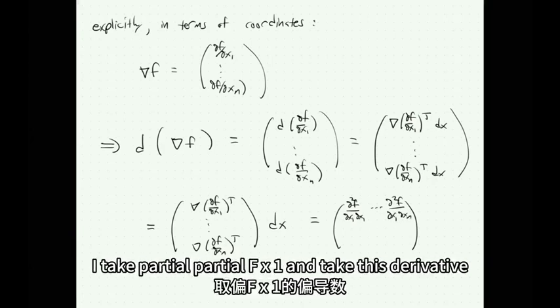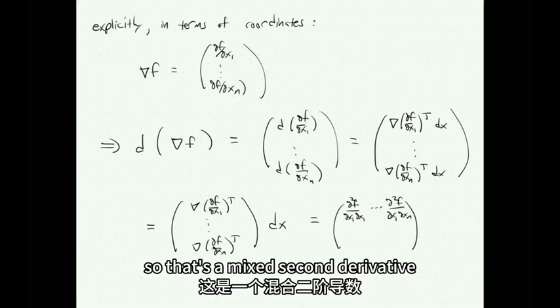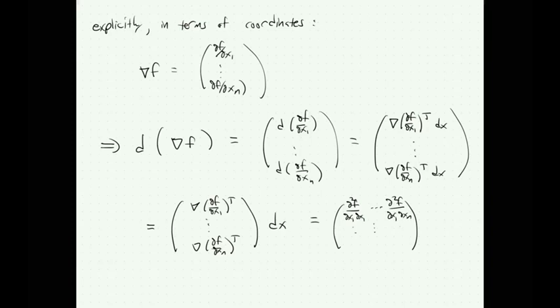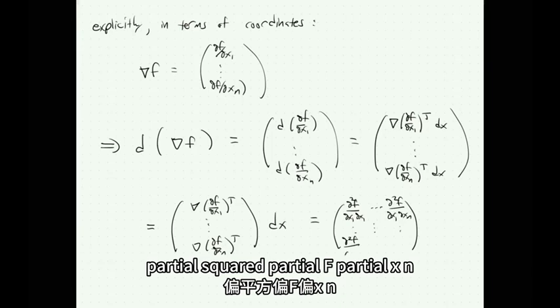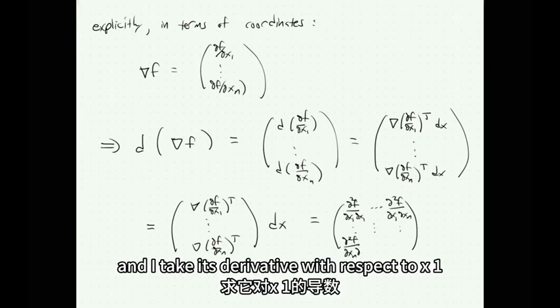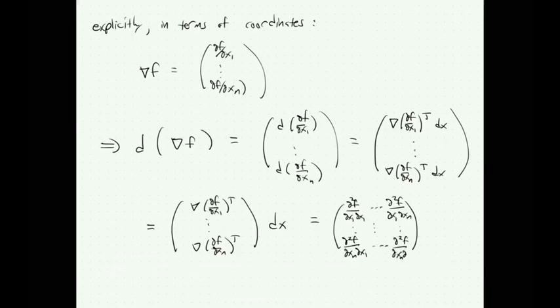I take partial f, partial x1 and take its derivative with respect to x1 to xn. So that's a mixed second derivative. And then the last row is the same thing: partial squared, partial f, partial xn, and I take its derivative with respect to x1 all the way to its derivative with respect to xn, times dx.